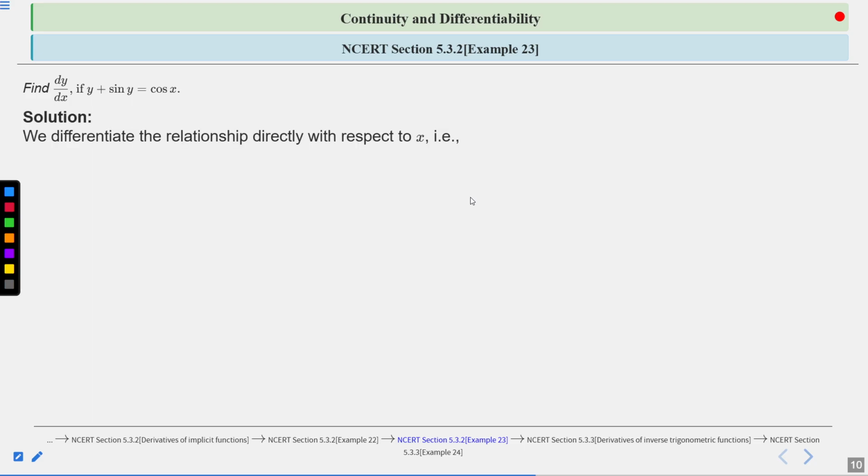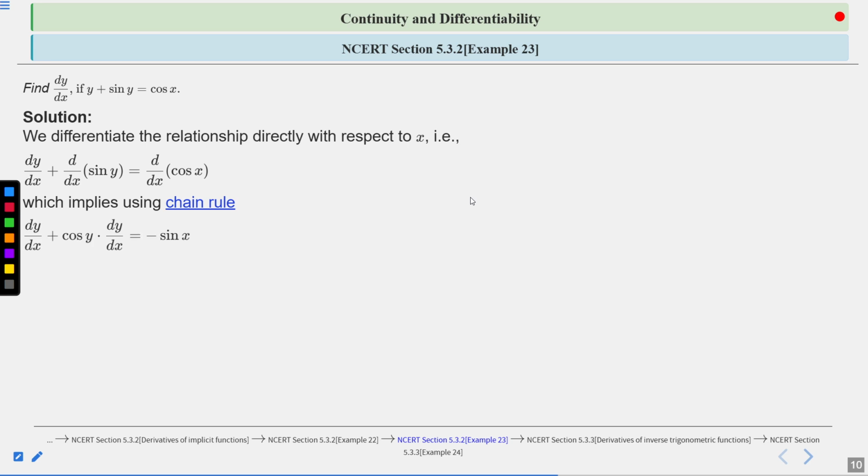We differentiate the relationship directly with respect to x, that is dy by dx plus d upon dx of sine y will be equal to d upon dx of cos x. Which implies, using chain rule, dy upon dx plus cos y dy by dx will be equal to minus sine x.